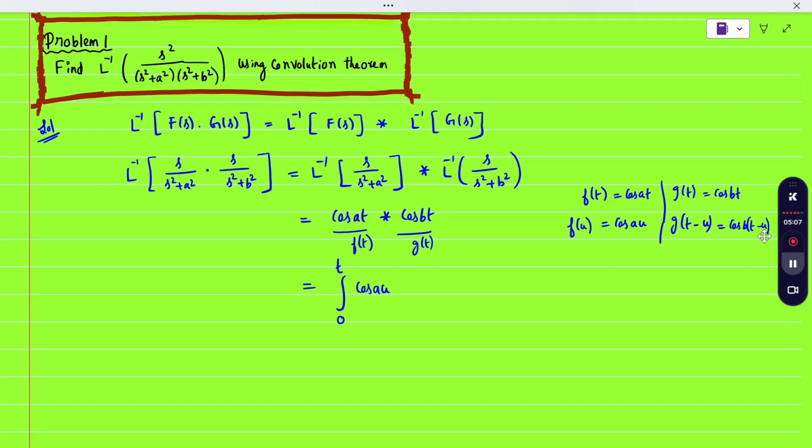So cos au, cos of b into t minus u, into du. Now everyone knows cos a cos b. What is the formula? 1 by 2 cos of a plus b plus cos of a minus b.